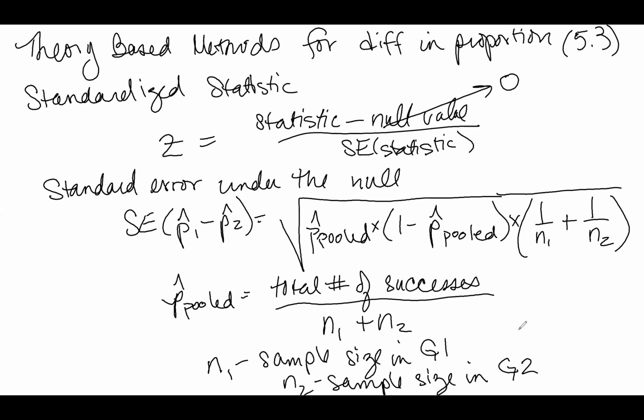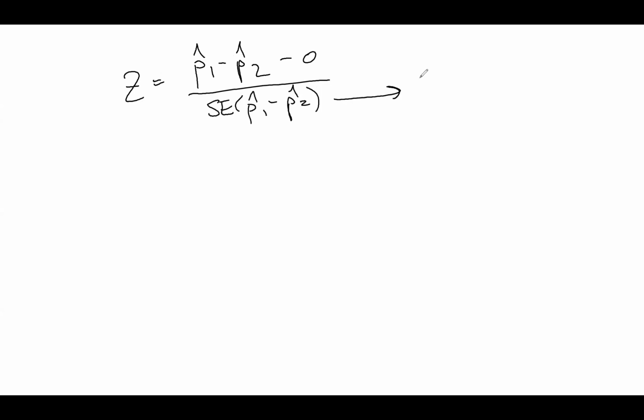Yeah. Okay. So then when we calculate our standardized statistic, we're taking our difference in proportions, the statistic, minus the null of 0, and we're dividing by that standard error for the difference. And this is the standard error under the null using p-hat pooled that we just talked about.